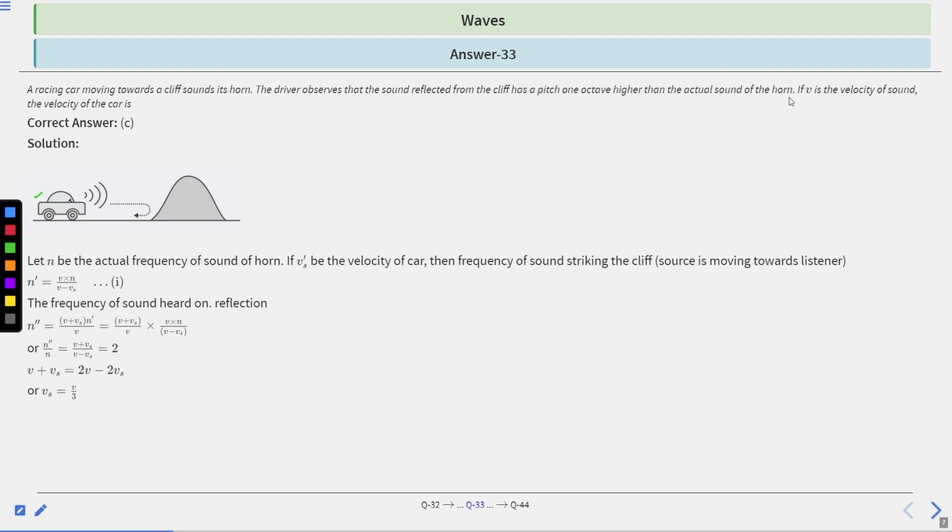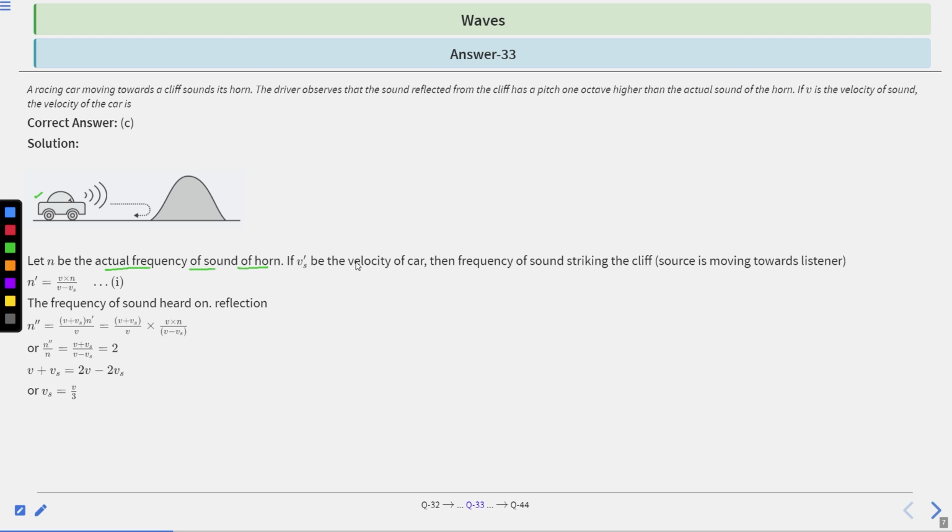V is the velocity of sound, and the question asks about the velocity of the car. So let n be the actual frequency of the sound of the horn. Clear?